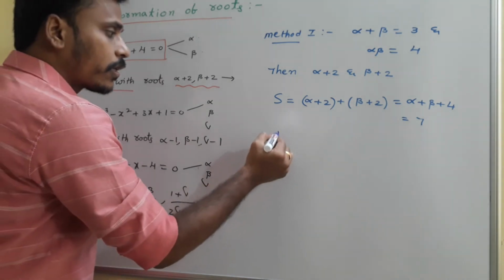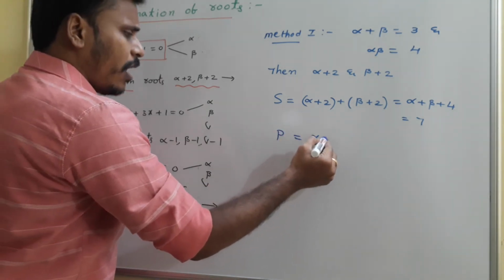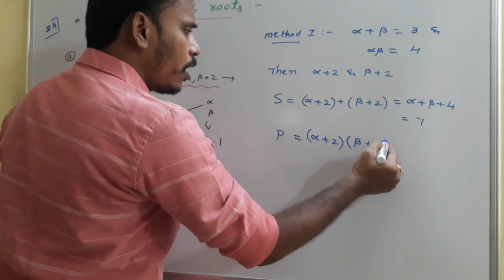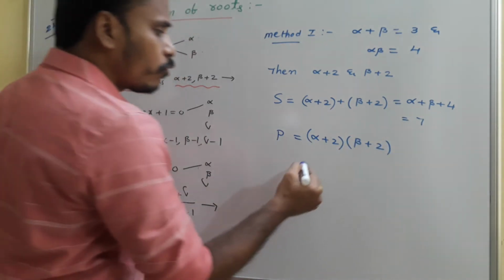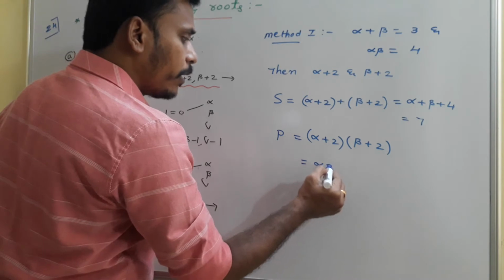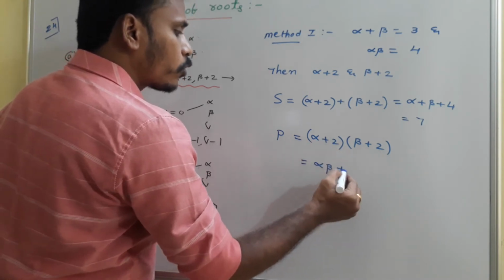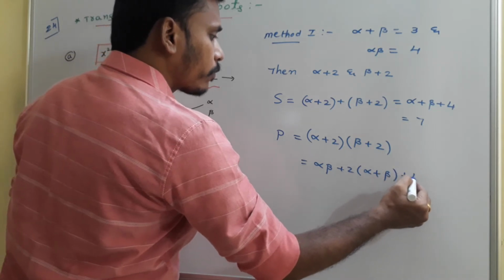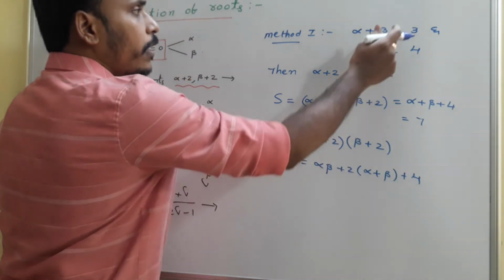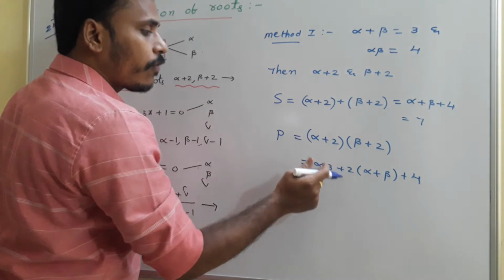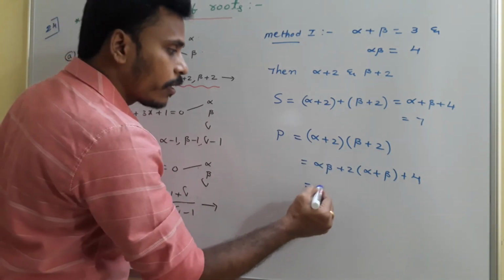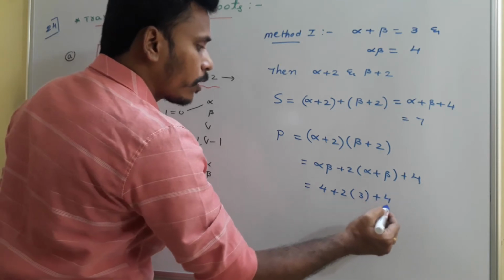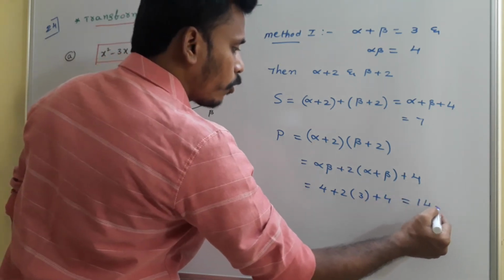Then the product of the roots: alpha plus 2 into beta plus 2. You multiply it: alpha beta, 2 alpha, 2 beta, plus 4, which is alpha beta plus 2 of alpha plus beta plus 4. Simply replace alpha plus beta with 3 and alpha beta with 4. Then what you will get? 4 plus 2 into 3 plus 4: 6 plus 4, 10 plus 4, 14.